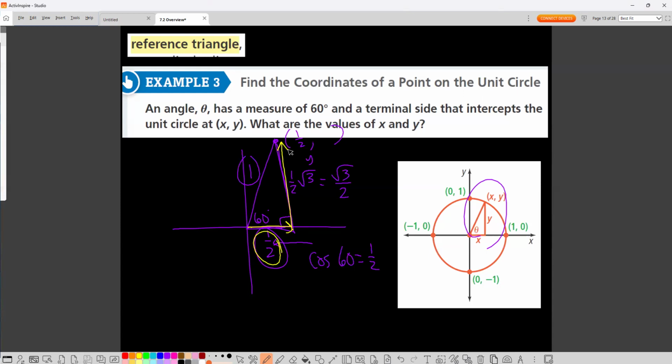Whenever we're talking about the unit circle, it works really nicely to find these numbers. There's a square root of 3 over 2 for the y, so this is going to be your sine of 60 degrees, your reference angle. So the answer to the question is that the x was 1/2 and the y was the square root of 3 over 2.